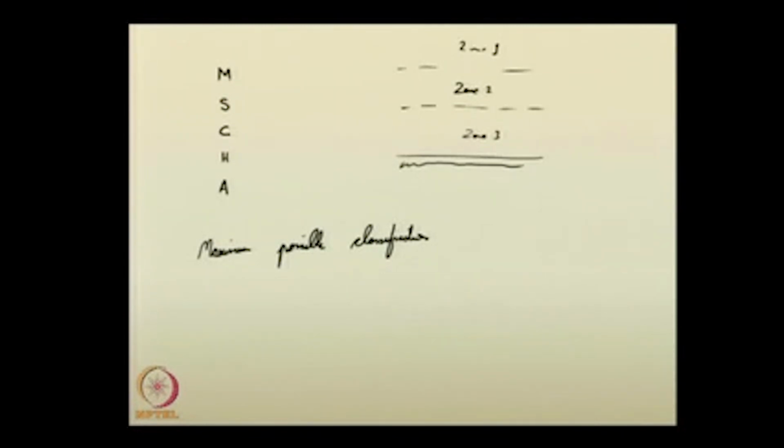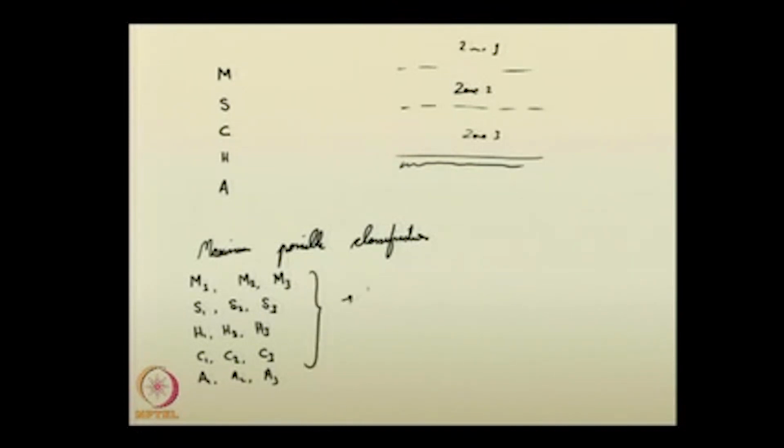So, the maximum possible classifications one can infer is M1, M2, M3, S1, S2, S3, H1, H2, H3, C1, C2, C3, A1, A2, A3.